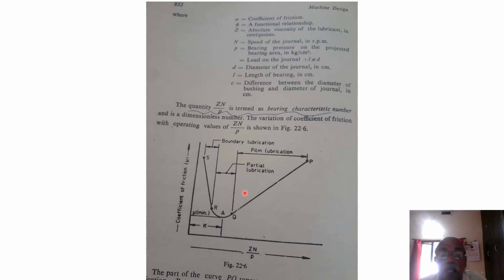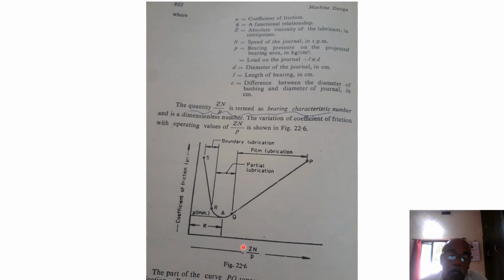And in the third one, as the ZN by P value increases further, that region is called the film lubrication area. So with respect to the bearing characteristic number, in all bearings we can scientifically predict three areas: boundary lubrication, partial lubrication and film lubrication.